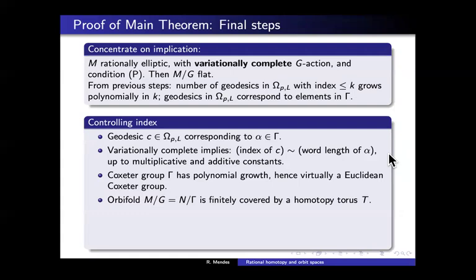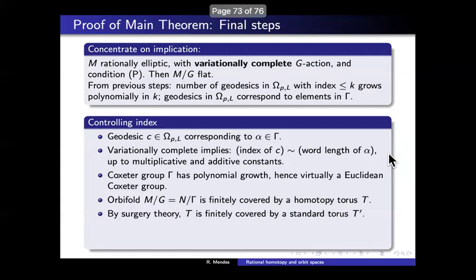So we're getting very close to this thing being flat. And then you use a little bit of surgery theory, and you also get, and this is a nice fact about homotopy tori, that every homotopy torus is finitely covered by a standard torus. This is in some standard books on surgery theory, and so you can go to another finite cover and you get a standard torus.